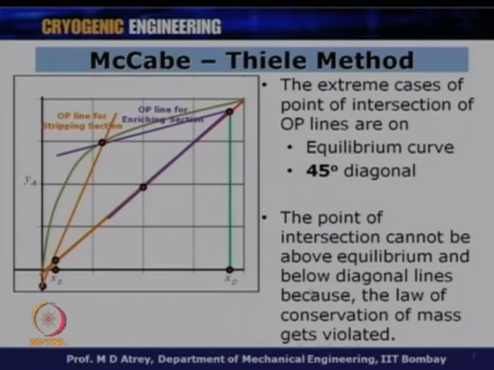So, please keep in mind the way we derived these equations. If the operating line goes in this region above the equilibrium curve, then the relationship between y and x will be violated. The law of mass conservation in this case will get violated, and therefore, the operating line will always be between the equilibrium curve and the diagonal.